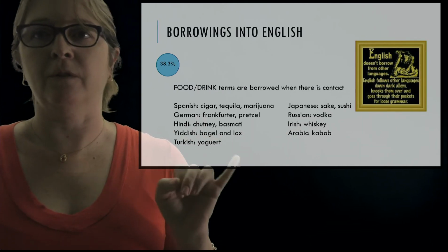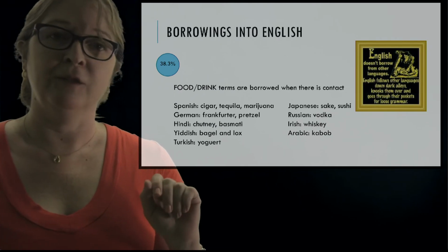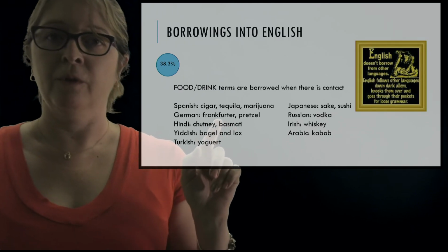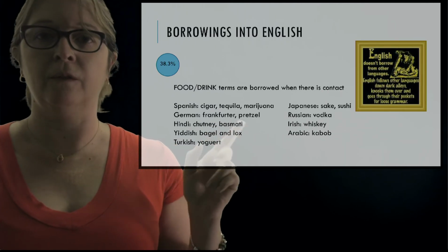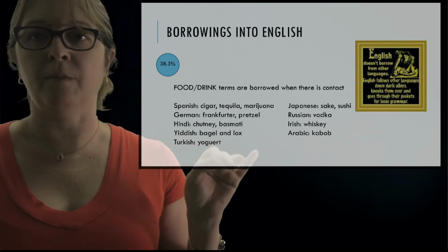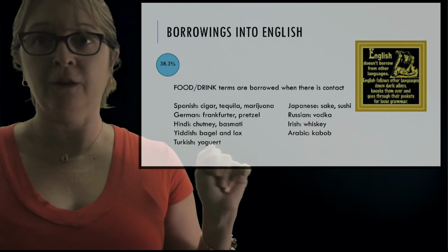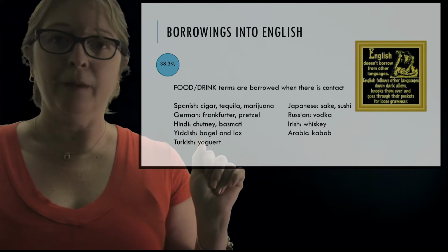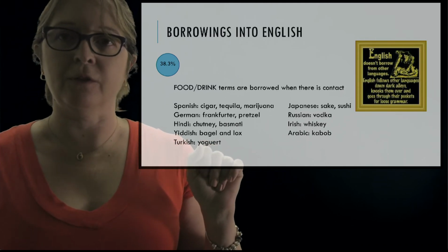So Spanish: cigar, tequila, marijuana. German: Frankfurter and pretzels, others as well. Hindi: chutney, basmati rice, love basmati. Yiddish: bagel and lox, yummy. Turkish is yogurt. I spelled yogurt wrong, sorry.